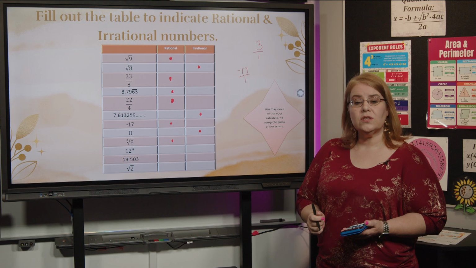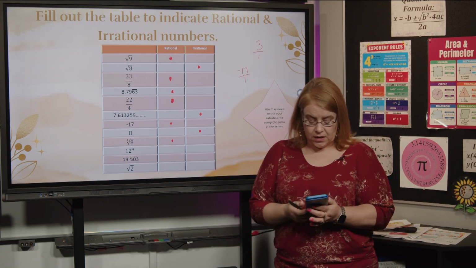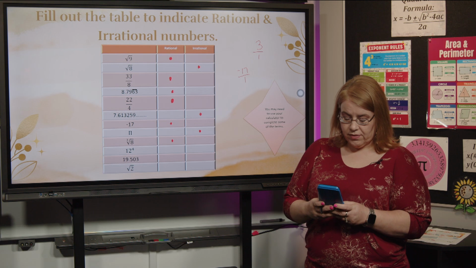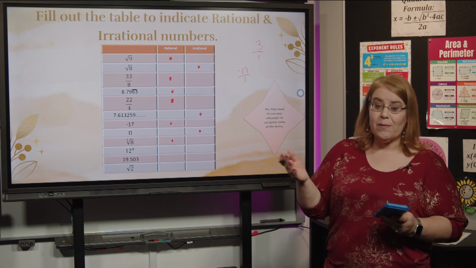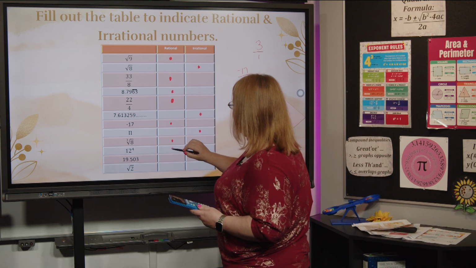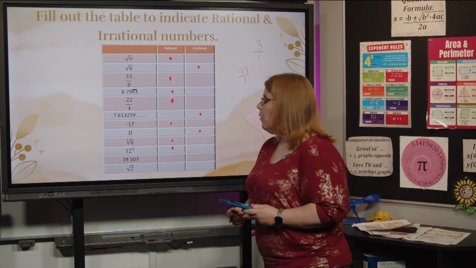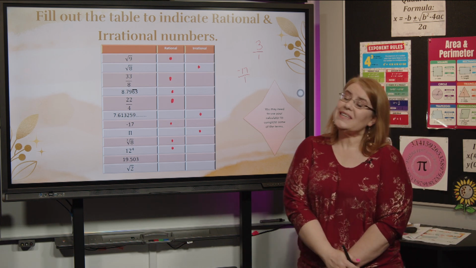What about 12 to the 4th? There's an exponent, Ms. Killen. Well, let's see. 12 to the 4th is 20,736. Can I make that into a fraction? Yes, I can. So that one is rational. What about 19.503? Well, Ms. Killen, it's got decimals.